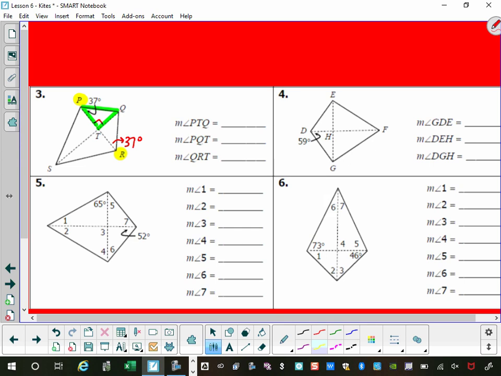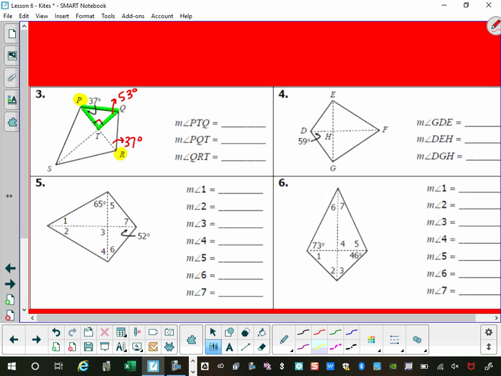What are we left with? 53. So that top part is 53. All we did there was break it down to a triangle.